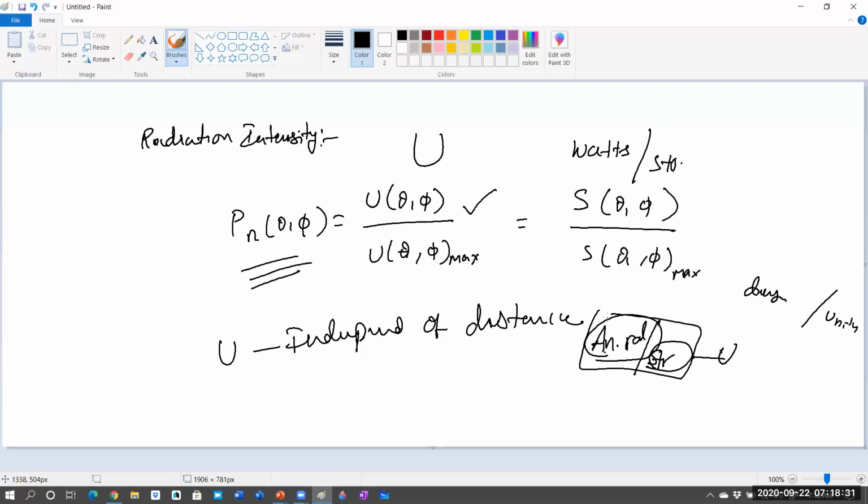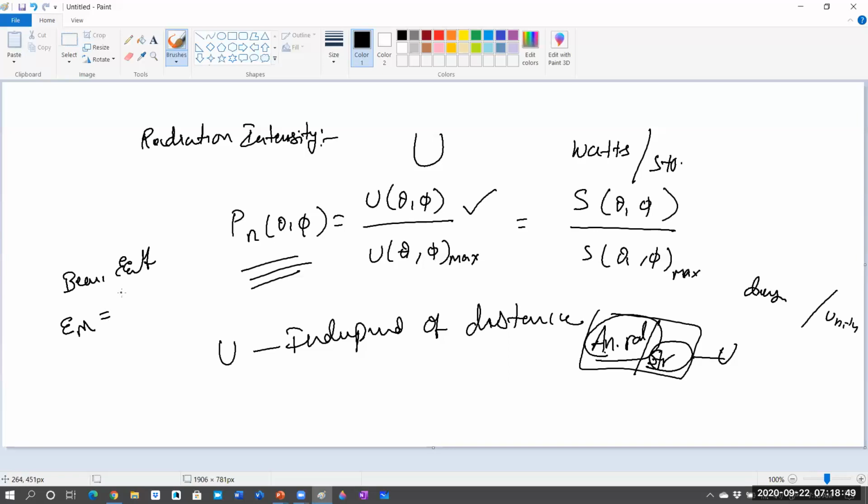Next one is beam efficiency. Beam efficiency is represented by this symbol. This is a simple formula.